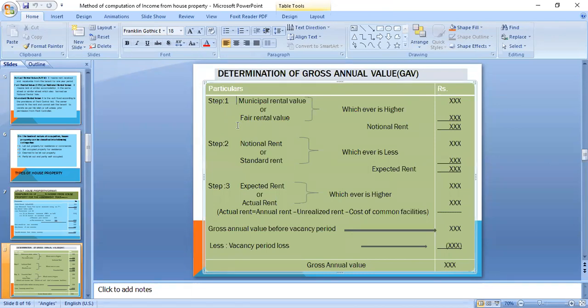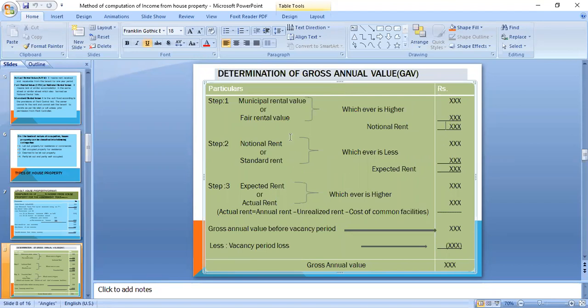You have to compare both, and whichever is higher, you should take here. That we call the notional rent.